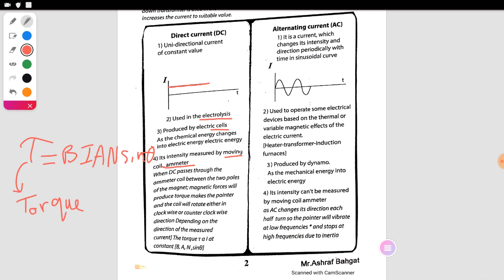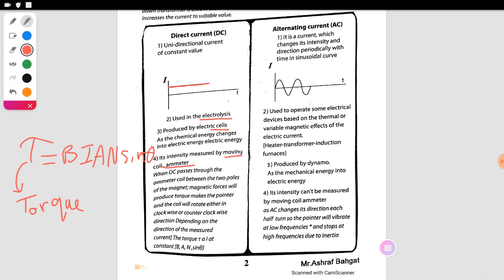When direct current passes through a meter coil between two poles of the magnet, magnetic forces will produce a torque, which makes the pointer and the coil rotate in either a clockwise or anti-clockwise direction. This direction depends on the direction of the measured current.